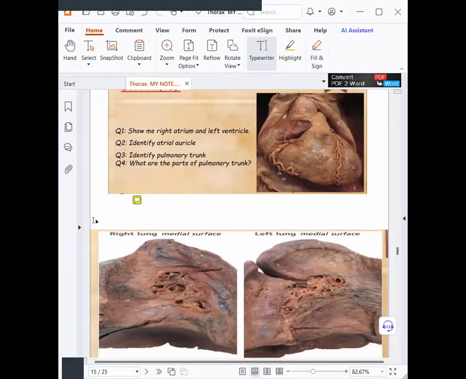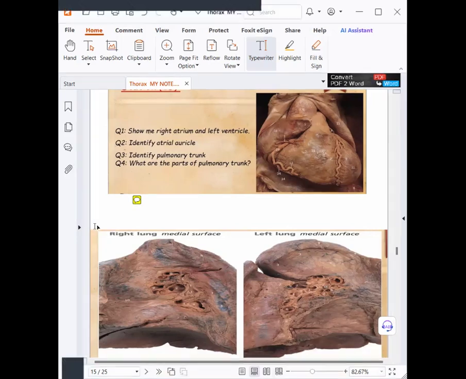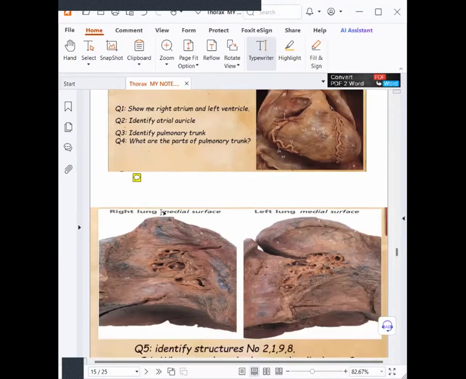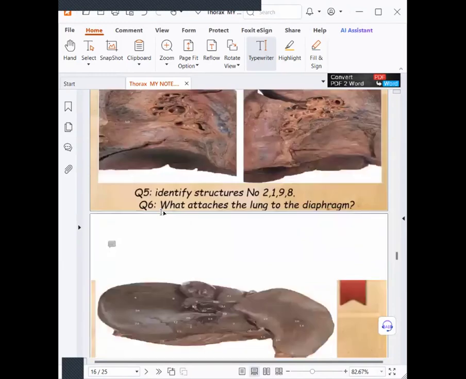Right atrial auricle number 5 and left atrial auricle number 4. Identify the pulmonary trunk. Pulmonary trunk number 17. What are the parts of the pulmonary trunk? Right and left pulmonary artery. Next.